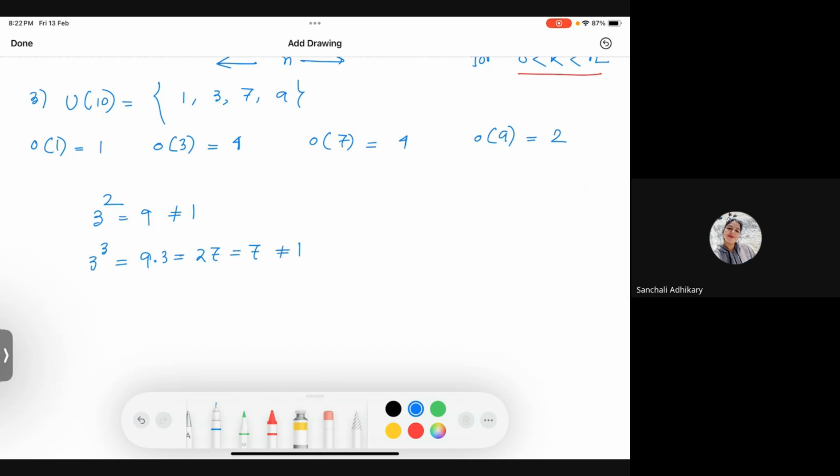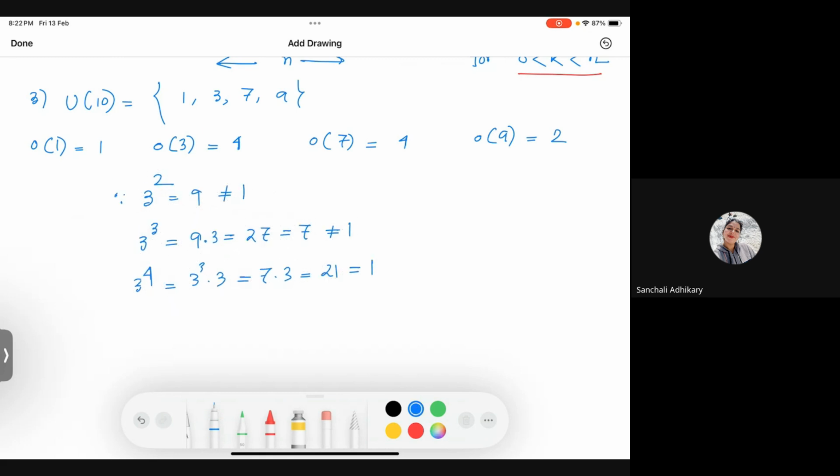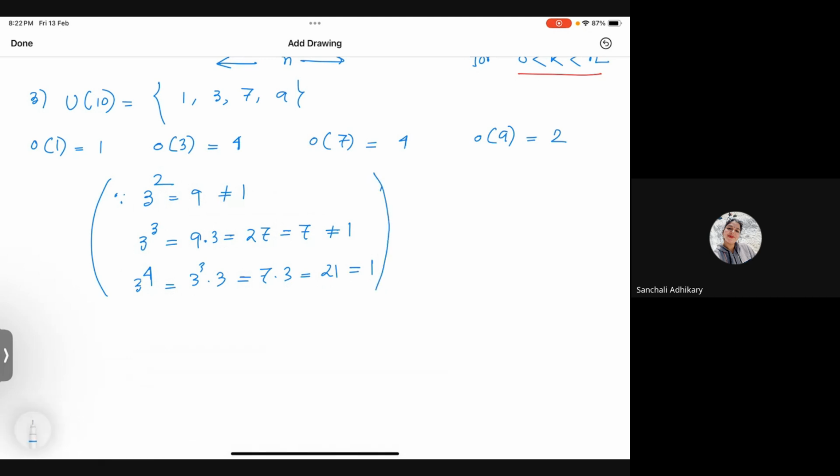This is also not equal to 1. 3 to the power 4 is 3 cube into 3, so 7 into 3, which is 21, and 21 is equal to 1 in Z10, right? So the order of 3 is 4, because 4 is the least positive integer. Similarly do it.